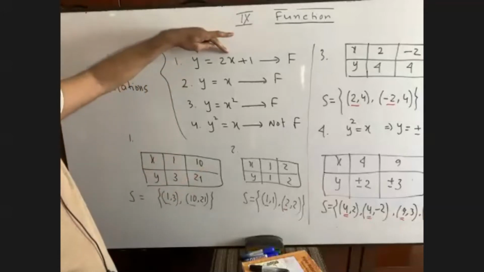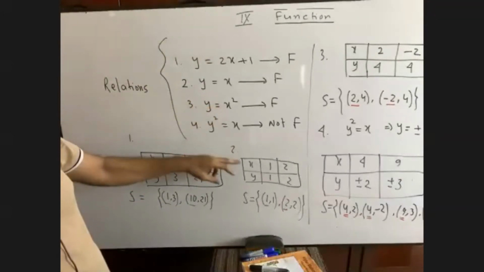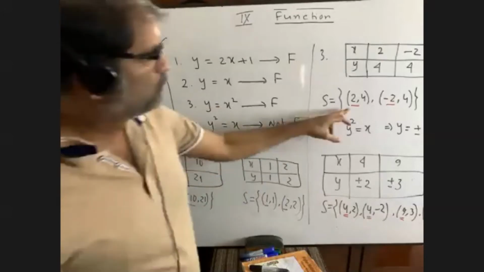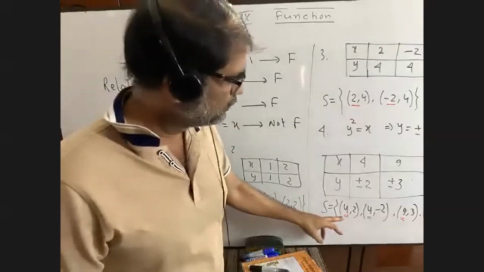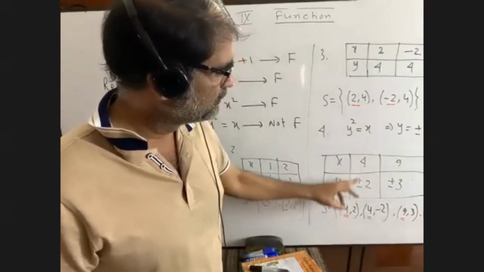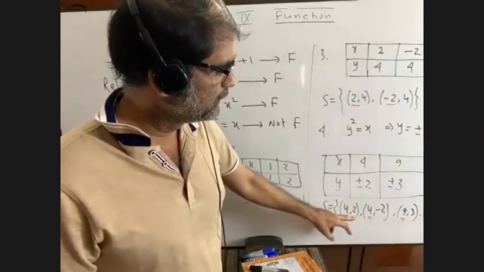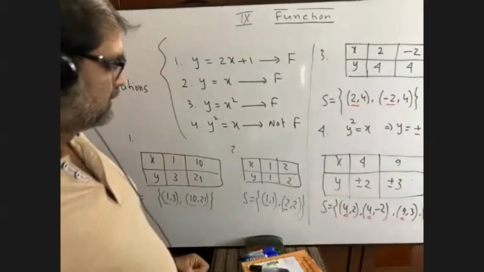If I take 1, we'll always get 1. If I take 2, we'll always get 4. But if I take 4, we'll get 2 values: for 4, it is 2, and for 4, it is minus 2. So what is the definition? You write down.